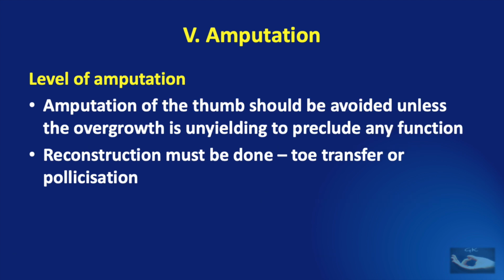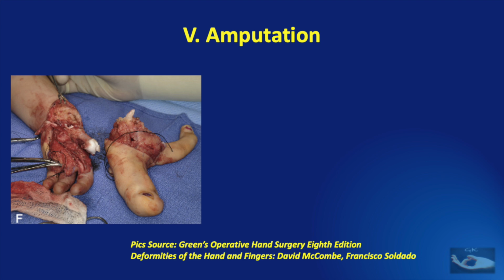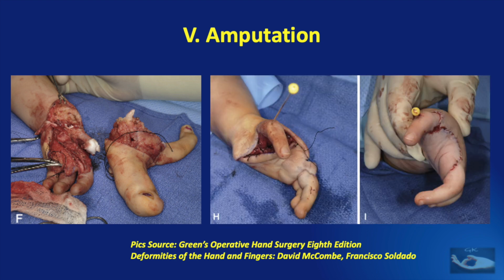Similarly, when the thumb is involved, amputation of the thumb should be avoided unless the overgrowth is unyielding to preclude any function. But reconstruction must be done either with a toe transfer or a pollicization as shown in this example, where the macrodactylous thumb and the index finger have been amputated and reconstruction of the thumb done using pollicization of the intact middle finger.